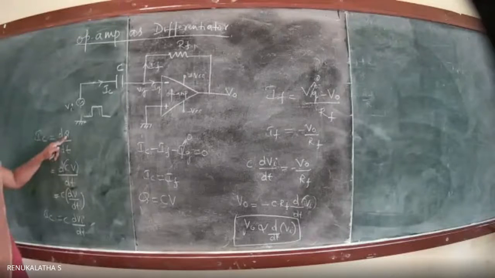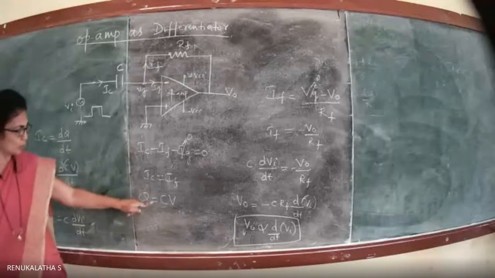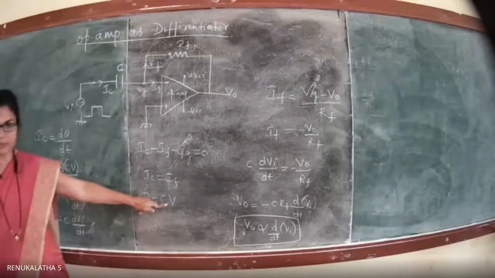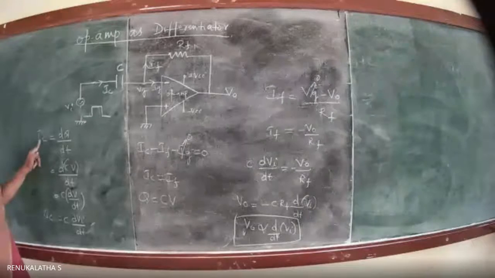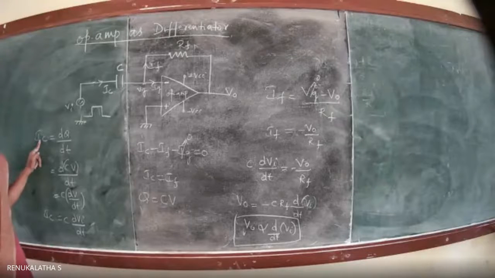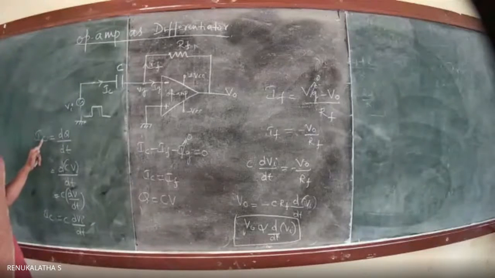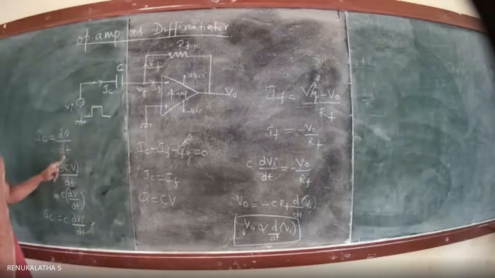So what did we do? We know the equation from PU classes: Q is equal to C into V. All of you know this, no? Yes, ma'am. Then we found the current IC, because we need the input current and the output current. That is our aim. We are finding the current through the capacitance, which is the rate of flow of charges, so dq by dt.